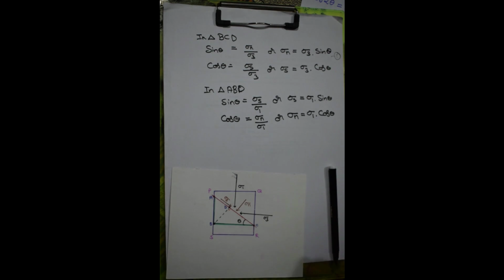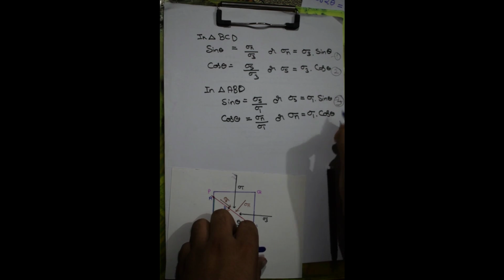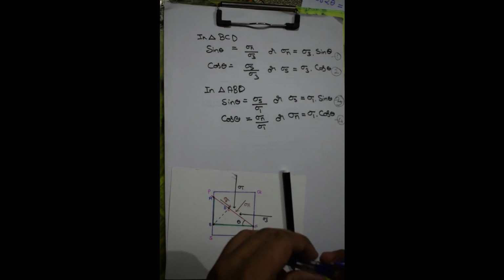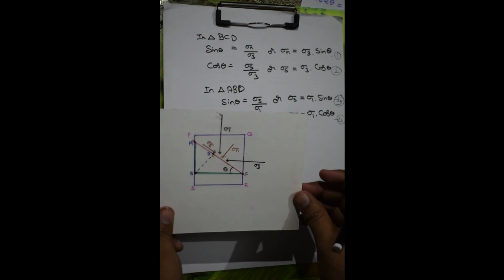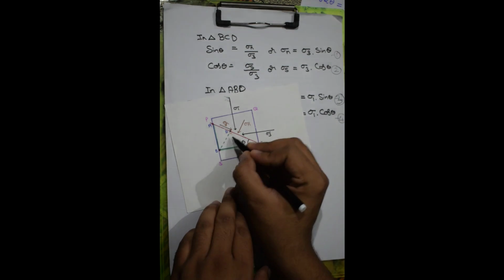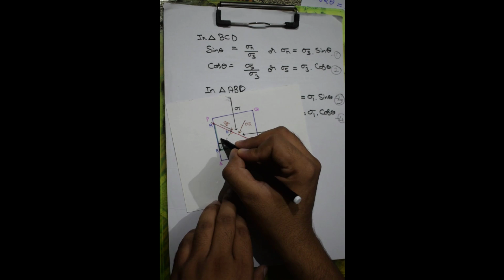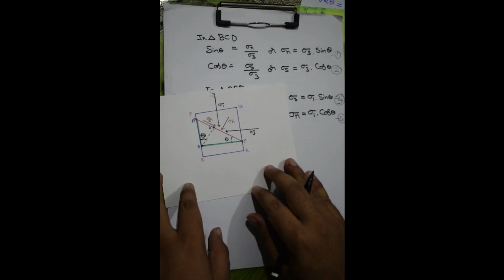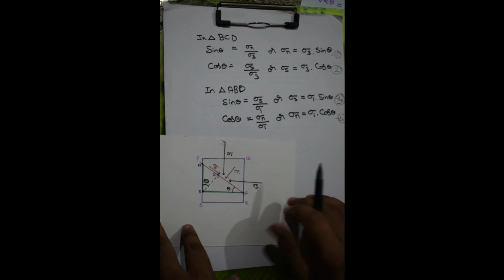So now we have these four equations that I am going to use very soon to get the equation of the Mohr circle. So this is 90 degrees, this is 90 degrees minus theta, so this becomes theta. So we have these four equations.